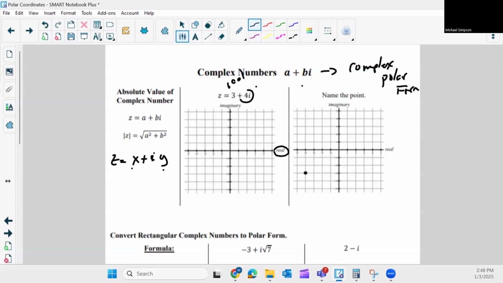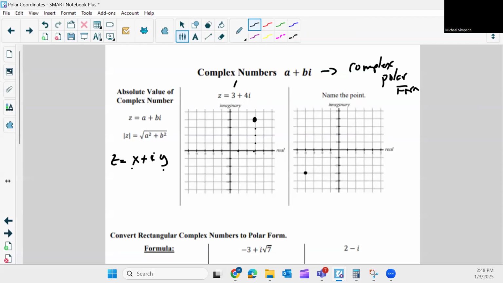So 3 plus 4i. This is the real part, so on the real axis it's 1, 2, 3. 4i, we go 4 on the imaginary axis: 1, 2, 3, 4. That's how you plot those points.